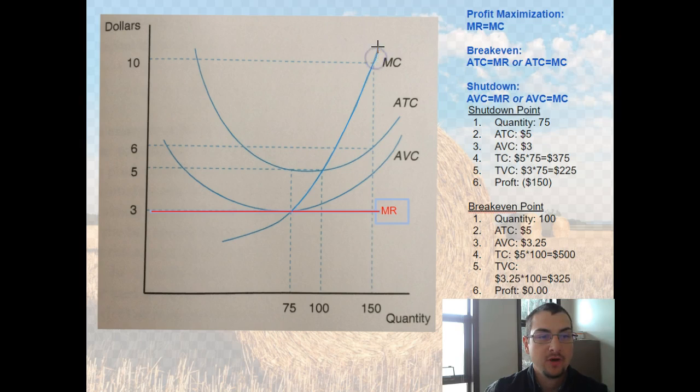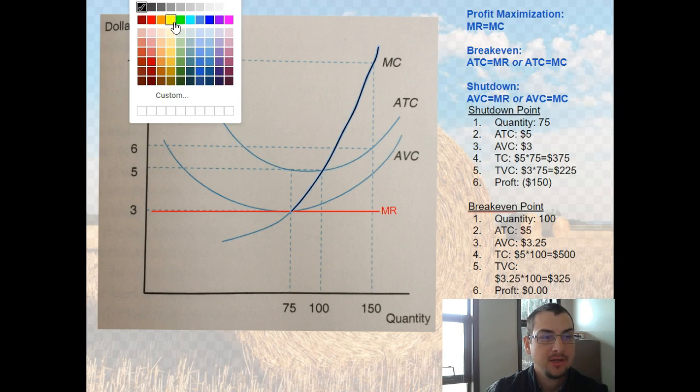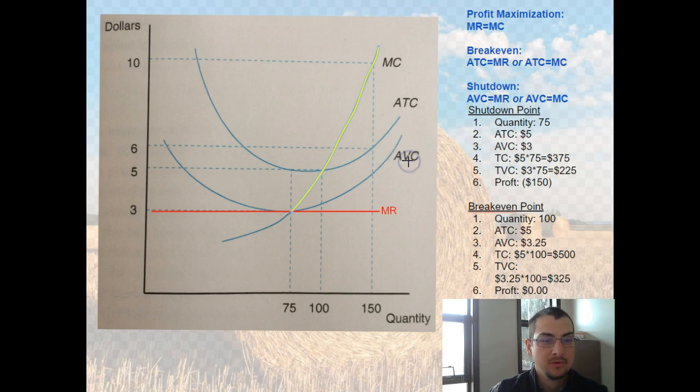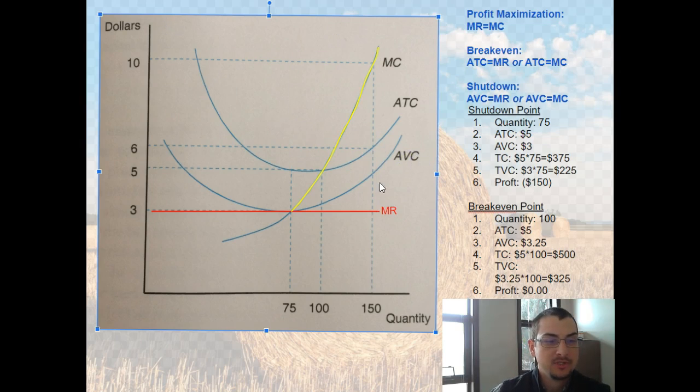So where a firm is willing to supply is that particular line that we just drew. Let's go ahead and make that line yellow, for example. I know it's a bit squiggly, sorry about that, but our supply curve of a firm is going to be the marginal cost curve above the shutdown point, and we've already discussed where that shutdown point is.